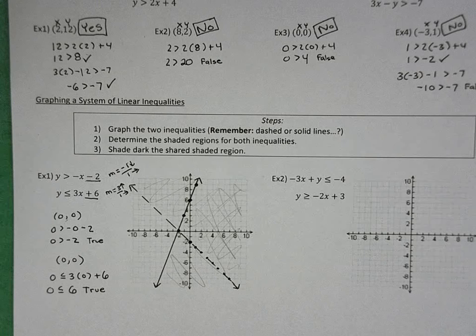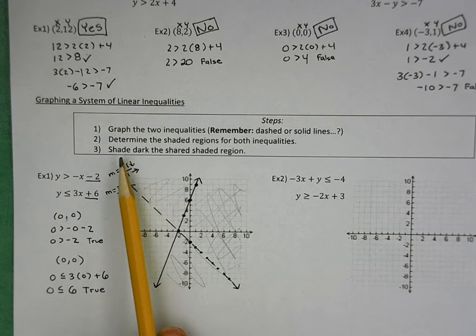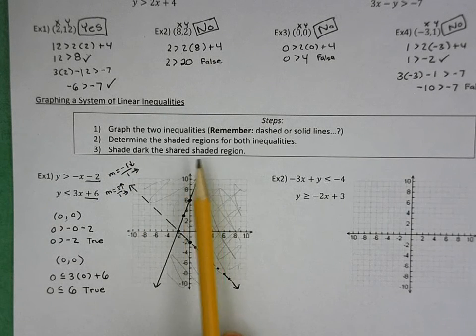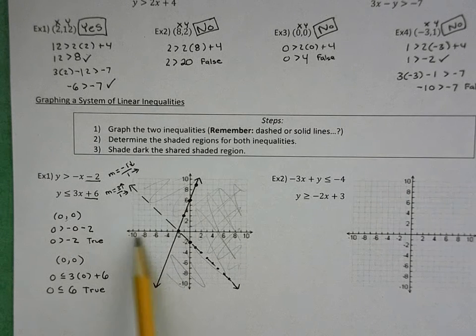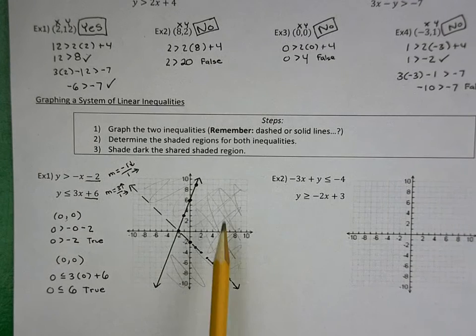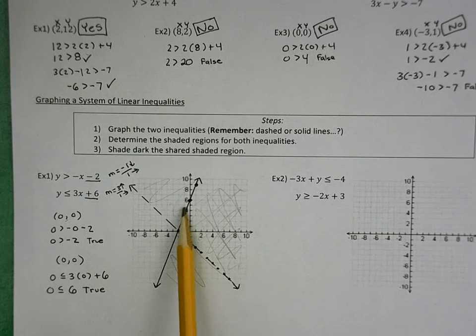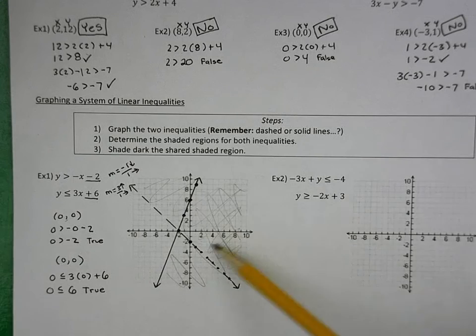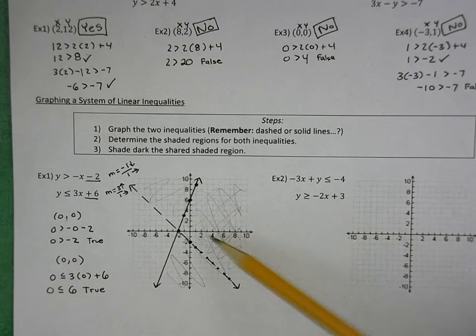Okay, which brings us to this last step, which is you need to shade dark the shared shaded region. What part do both inequalities shade? Okay, well when I look at this piece here, neither of them shade that piece. I have one of the lines shading this one. I have one of the lines shading this one, but here in this region, you notice we had both inequalities shading that region. Both times that we shaded, we covered this part of our graph.